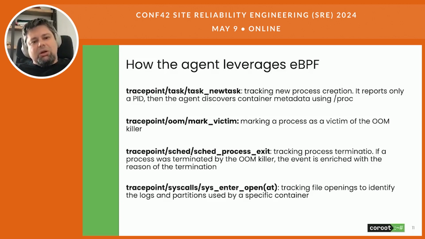And on the next call, when the process is terminated, we can get this flag from the map and mark the event that goes to userland. The reason for the termination of this process is that it has been terminated by the OOM killer.